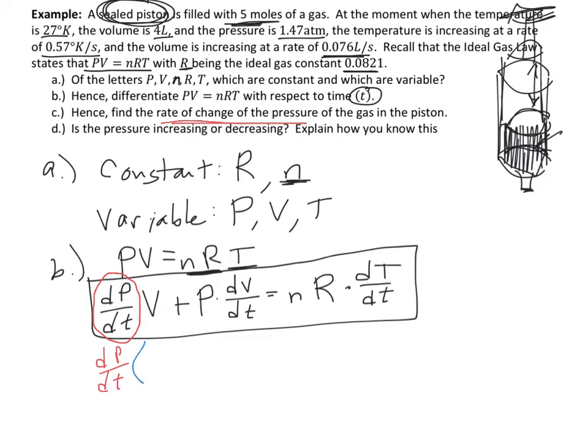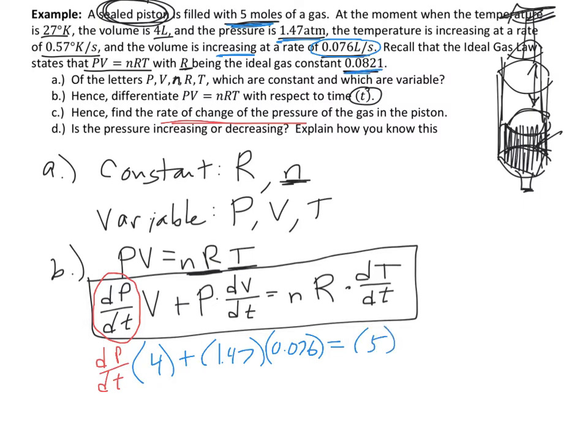Do I know what the current volume of the gas is? Yeah, it's 4. Do I know what the current pressure is? There it is, 1.47. Do I know what the current rate of change of the volume is? Yeah, it says right here, the volume is increasing at a rate of 0.076. Do I know what n is? Yeah, n is the number of moles. Do I know what R is?